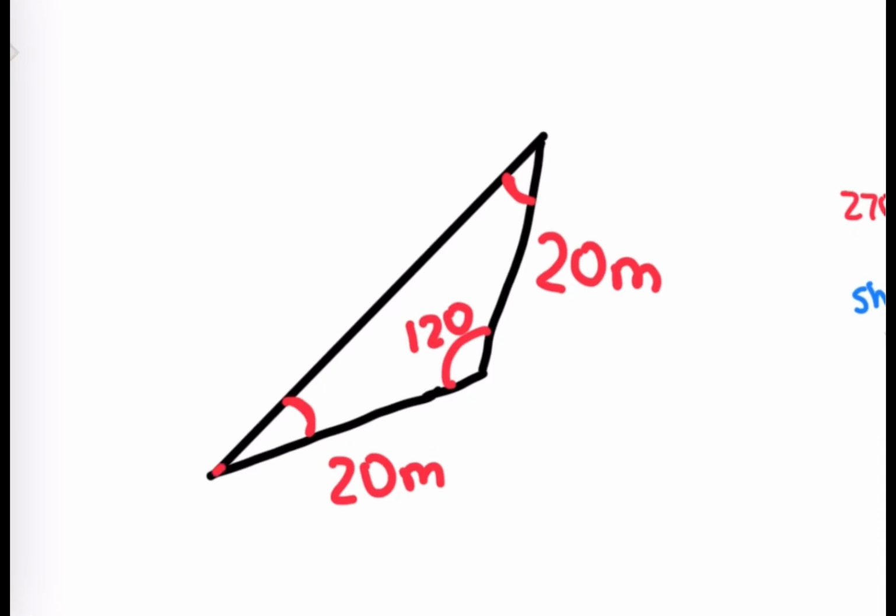We know that in this entire triangle the sum of the angles is 180. We have this one, it's 120, and these two sides are equal. So that means that these two angles are also equal.